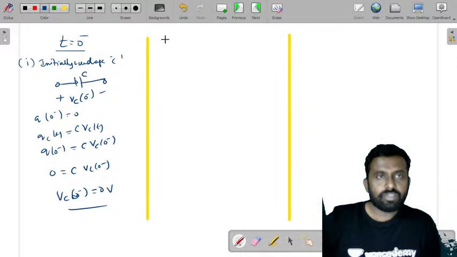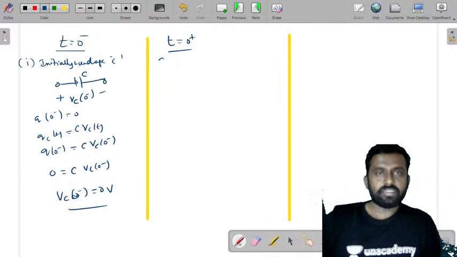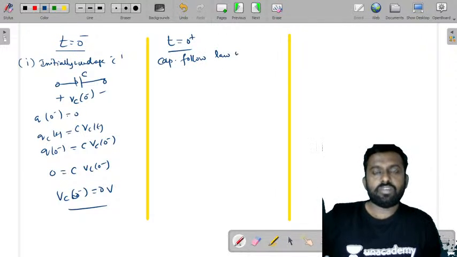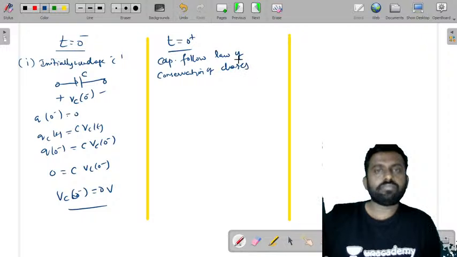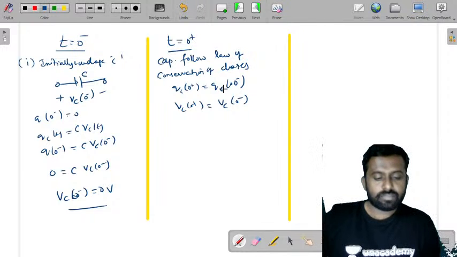Now at t equal to 0 plus, the capacitor follows the law of conservation of charges. So QC at 0 plus is equal to QC at 0 minus, and VC at 0 plus will be equal to VC at 0 minus.